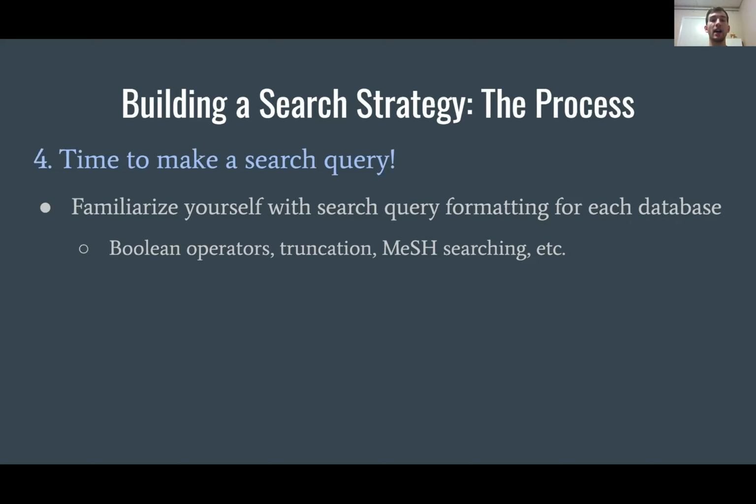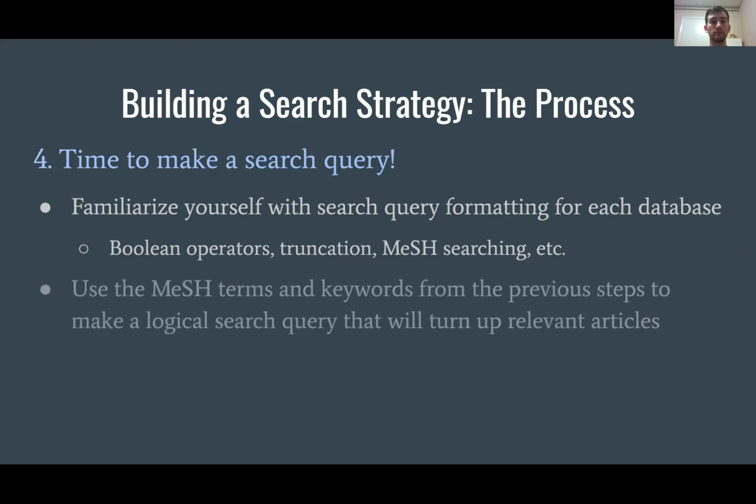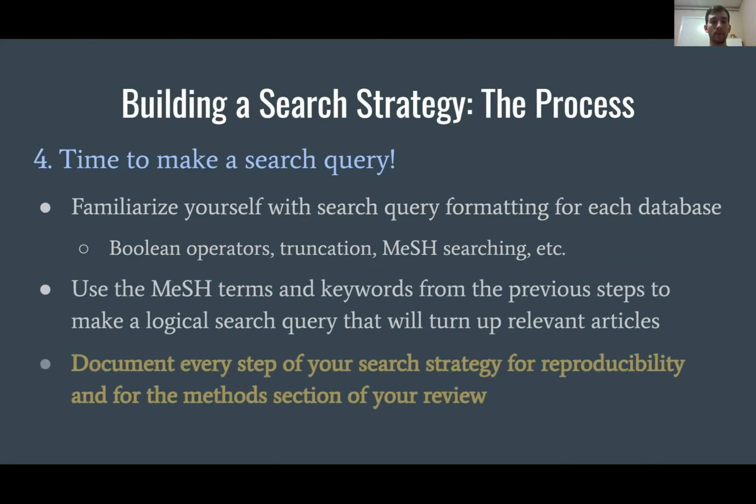So truncation helps you encapsulate all those different articles and titles when you do your search. And then we have MeSH terms as well, which we just touched on. When we're making our search query, we want to use the MeSH terms and keywords from the previous steps that we came up with to make a logical search query that's going to turn up the relevant articles we're looking for. Again, I'll show a demonstration of this later on.